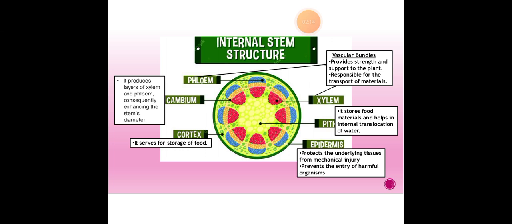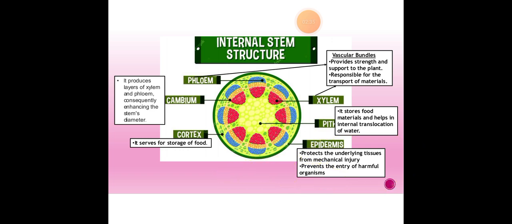It also prevents the entry of harmful organisms like germs, pathogens, and other organisms that can harm the plant. It does not allow them to enter. This is the function of the epidermis.